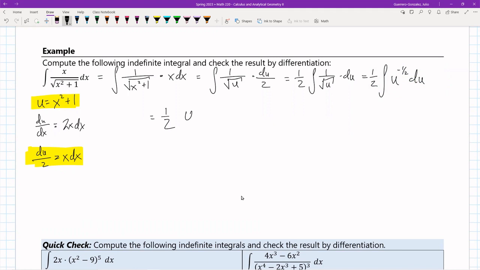So it's going to be u to the 1/2, and it's going to be divided by that exponent, so 1/2 there, plus c. I can clean up a little bit here. That cancels that there. So this ends up being equal to u to the 1/2 plus c. And now I can undo my substitution. So it's going to be the square root of x squared plus 1 plus c.